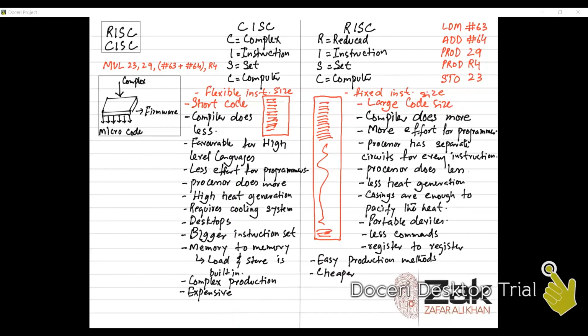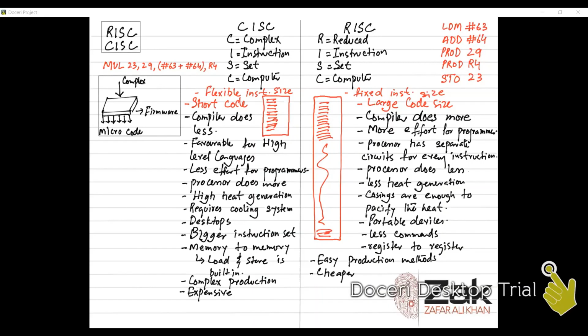In RISC, there is no control unit, and there is one separate circuit for every instruction. Whereas in CISC, there is a control unit, and that is responsible for the execution of the instructions. So all instructions are being executed by the control unit through its circuitry, but in RISC there is a separate circuit for every instruction.